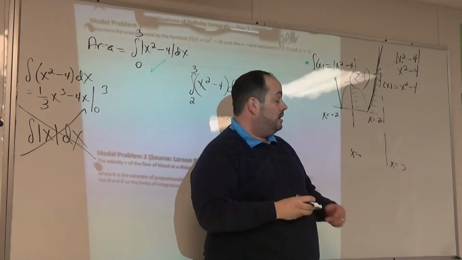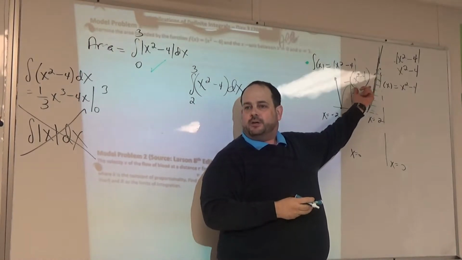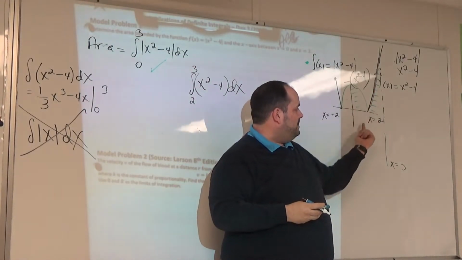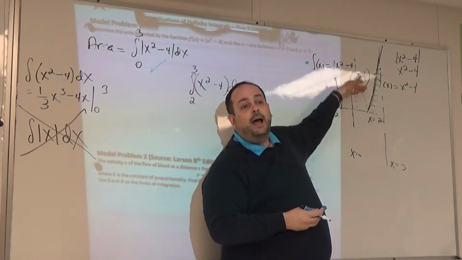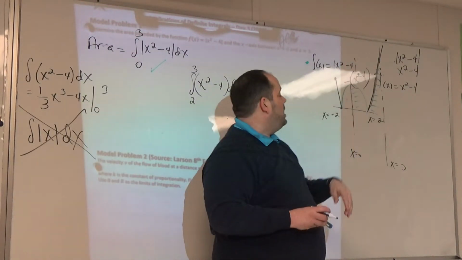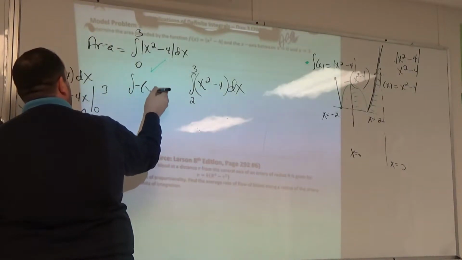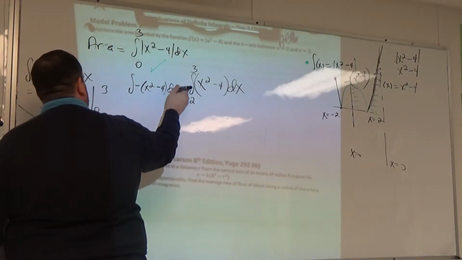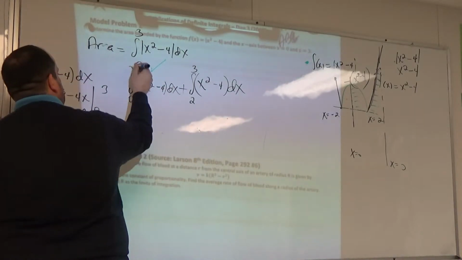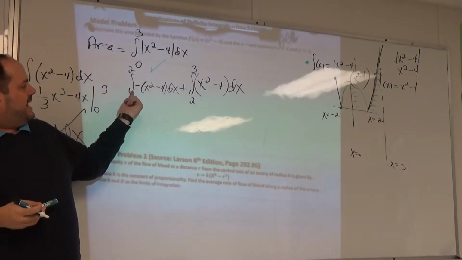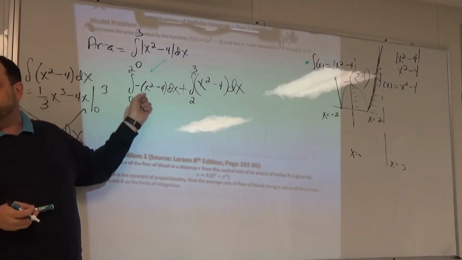Right? All the absolute value bars are doing on this part is taking the parabola that was below the x-axis and turning it all positive. So what I'm choosing to do is break this up and write it as a piecewise integral: change the integrand so it's the negative of x squared minus 4 from 0 to 2.